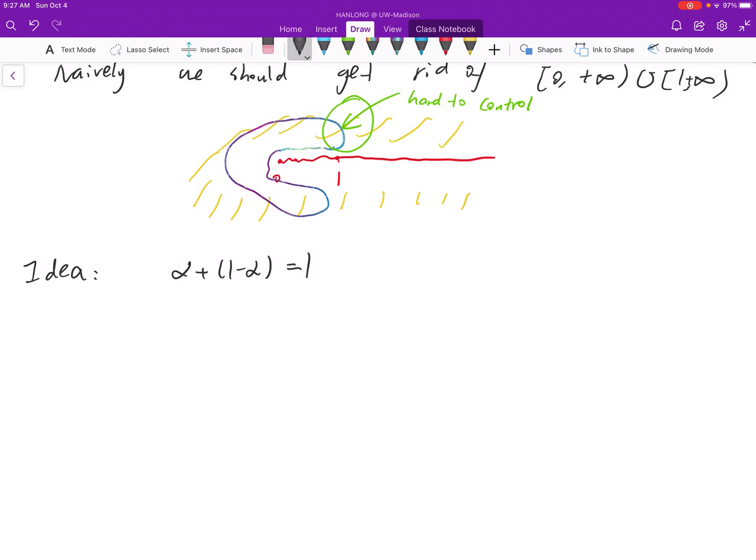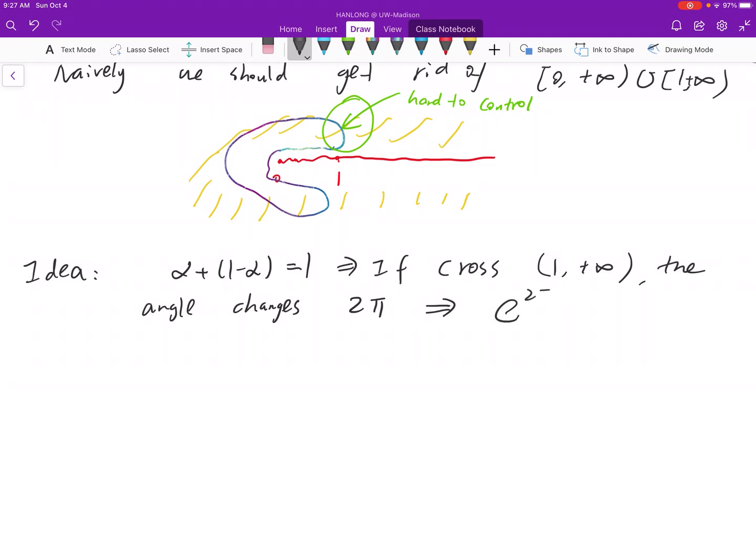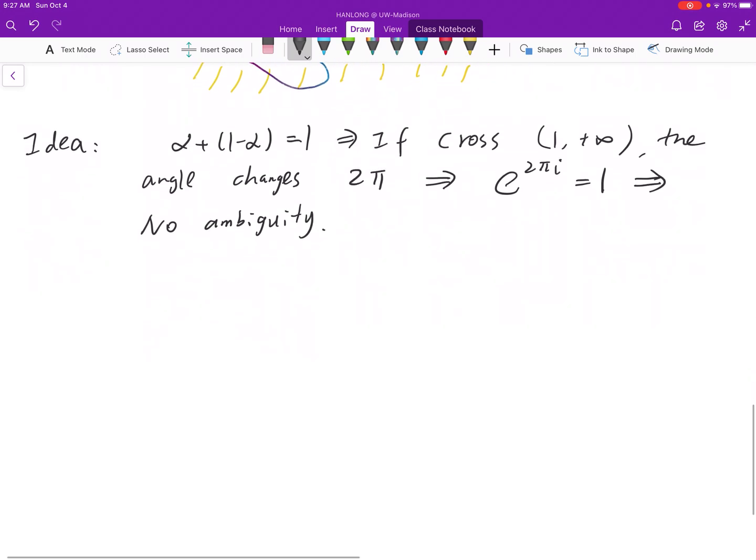That is to say, if you cross 1 to positive infinity, the angle changes by 2 pi, then exponential 2 pi i is 1. What does this mean? This means no ambiguity. So this is the observation.